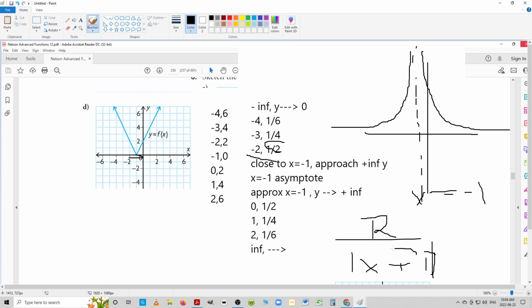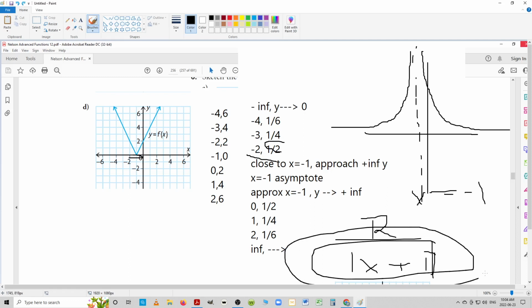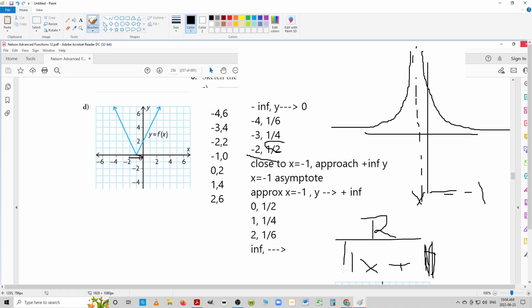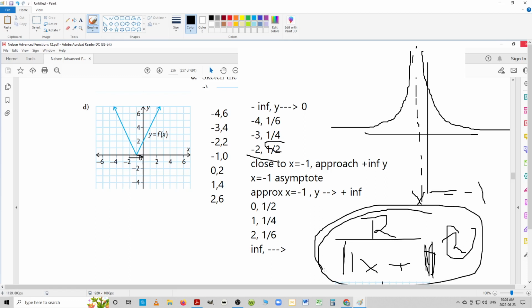The reciprocal here to make 0 is x equal to minus 1. And it acts like a square. By making everything positive, it's kind of like squaring it, because squaring makes everything positive. There's no way you can have a negative result from this formula.